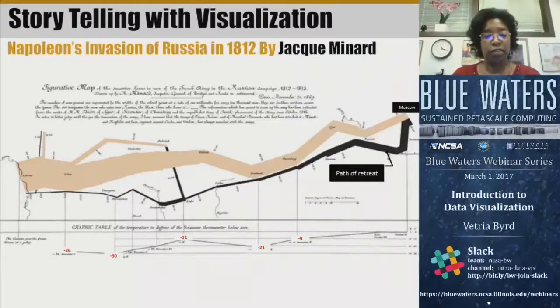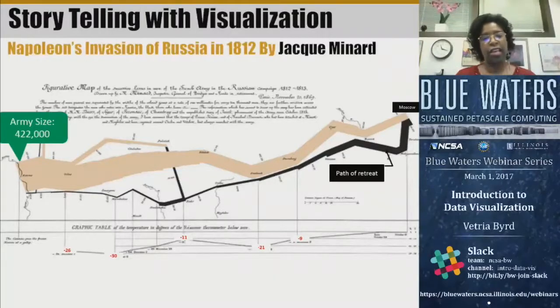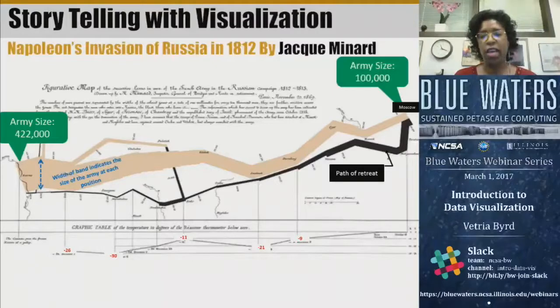So what do we have here? We have a map, a visualization that's showing you the invasion, which started with an army size of 422,000 troops. The thickness of the line indicates the size of the army as they move from left to right. As they move from the source to their destination, they arrive there with a significantly lower number than they started out with.